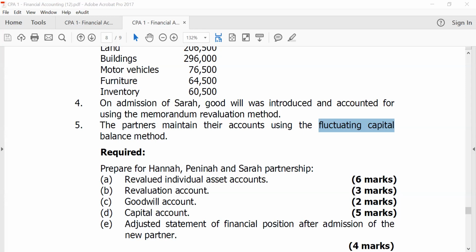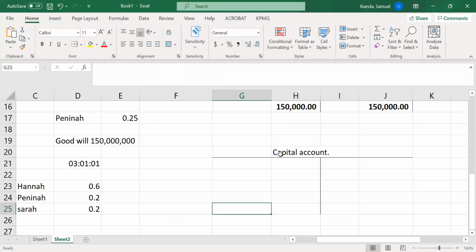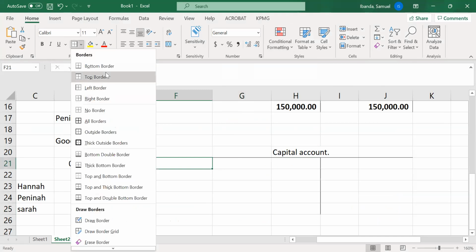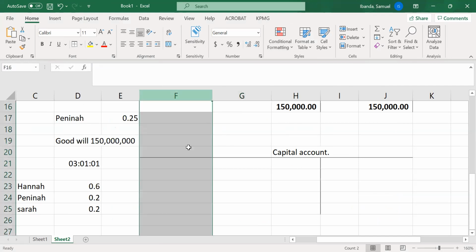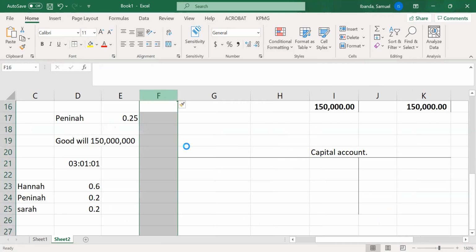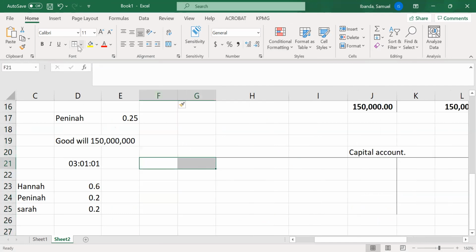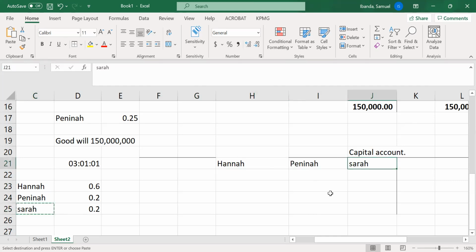So what that means is that for the capital account, because we now have 3 partners, we are going to have 3 columns. Here we have Hannah, Penina, then Sarah.